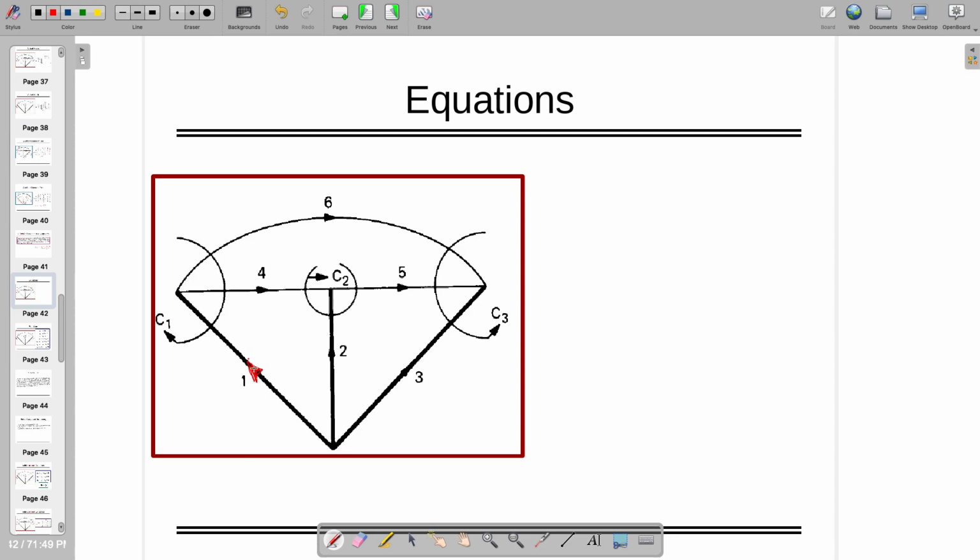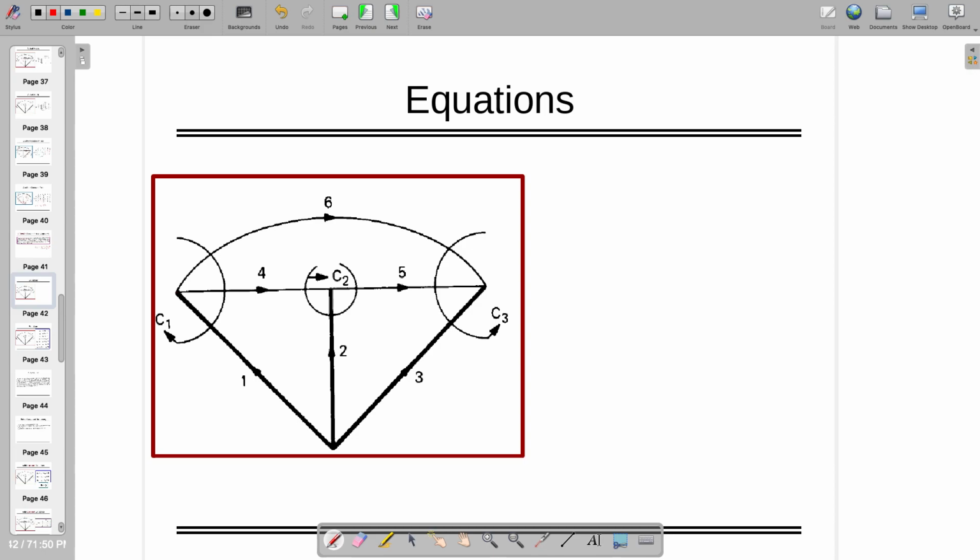If I am making loop number 1, it has to be in twig number 1 direction. Same as cut set: C1 direction was in the direction of twig 1, similarly C2 was in the direction of twig 2, and similarly for C3. So we are making a similar thing.